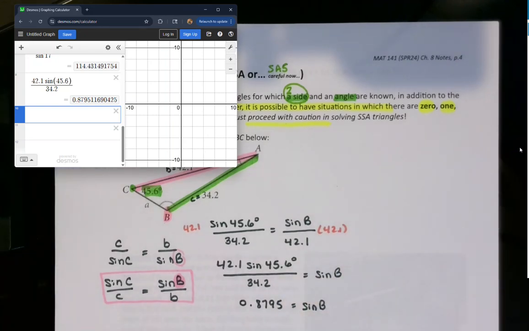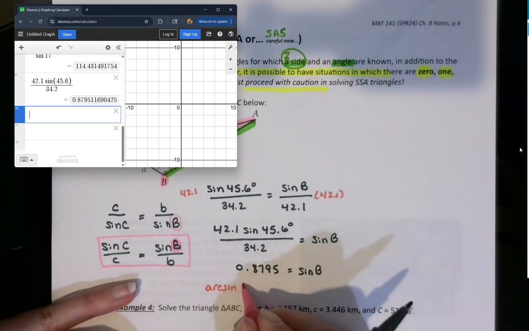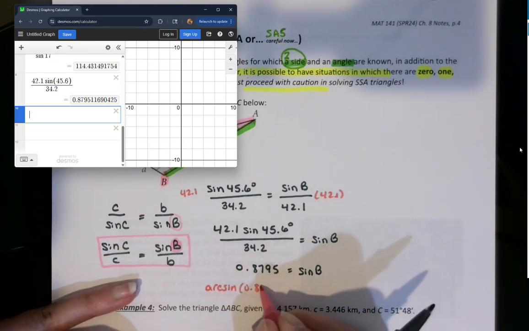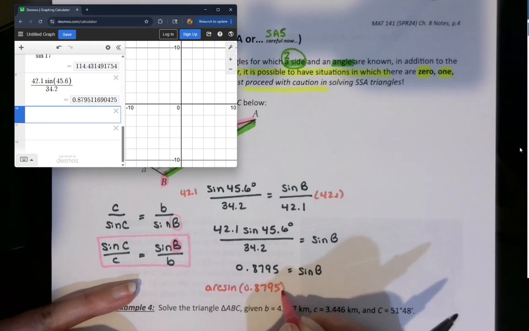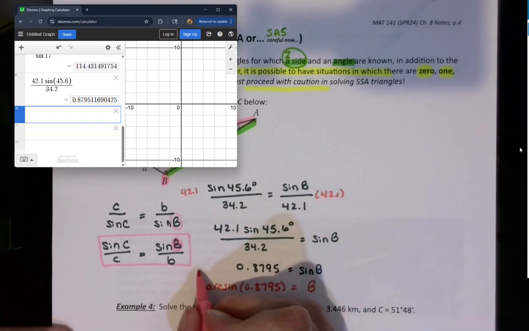From there, since I need to solve for B, we're going to need to do the inverse function. That's going to be the arc sine of both sides. So we'll have the arc sine of 0.8795 equals the angle B, right? Imagine doing arc sine of both sides.